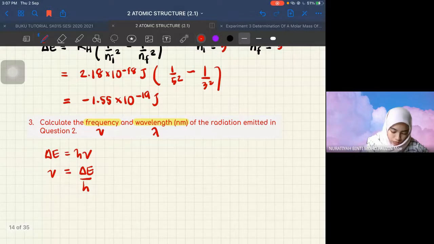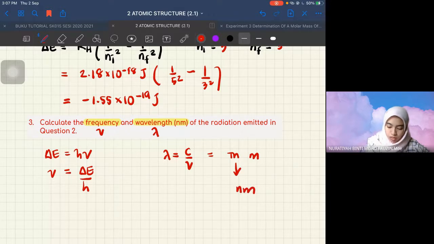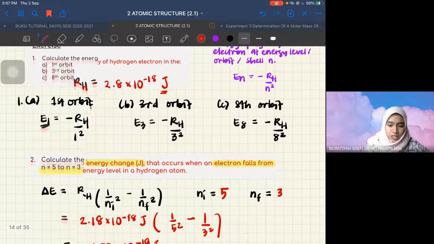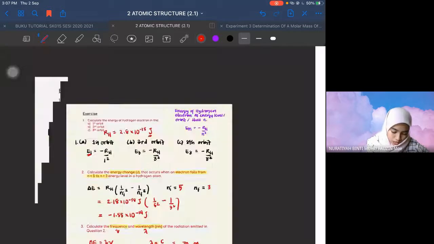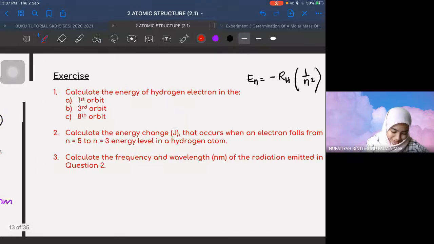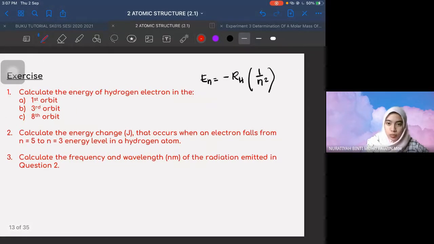So to find wavelength, you can use the formula lambda equals to c over nu. Okay, so your answer will be in meter. Then you will change it to nanometer. Alright. Okay. Senang je kan yang ni? Betul juga jawapan awak.